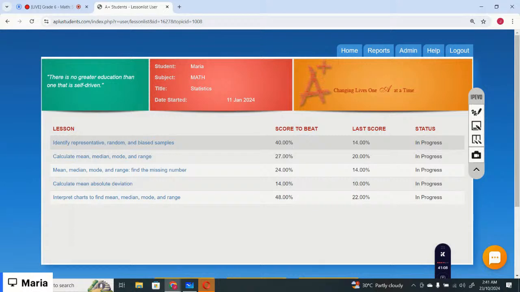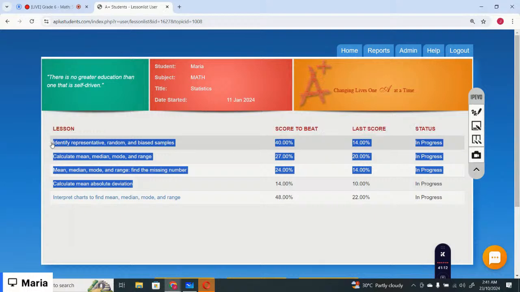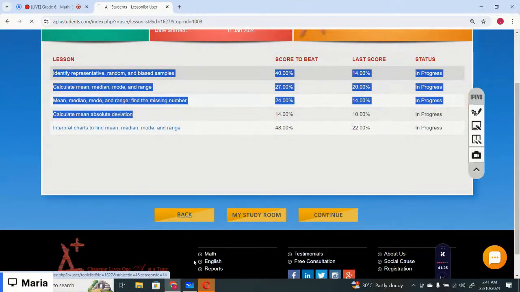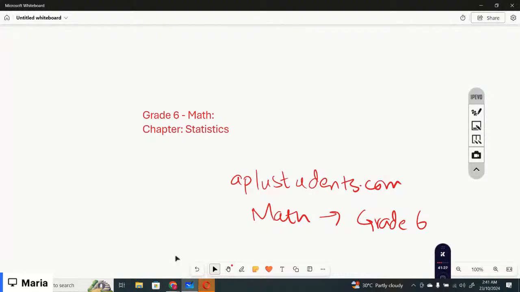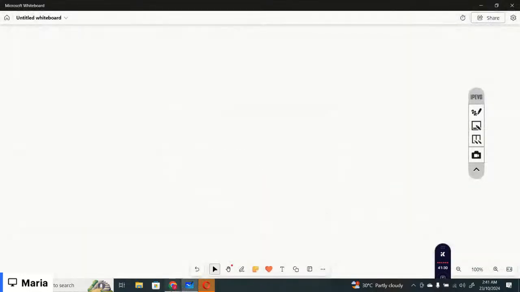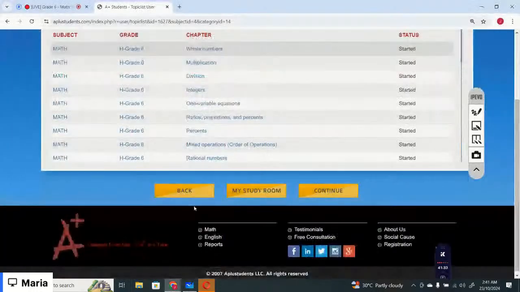The lessons we have covered today are identify representative, random and bias samples, calculate mean, median, mode, and range, find the missing values, calculate mean absolute deviation. So please make sure before the next session you can complete all the practice questions for the lessons we just did. That is your homework until next session.